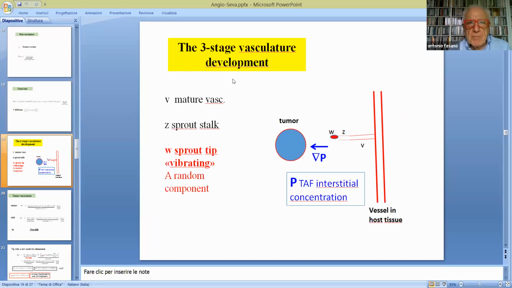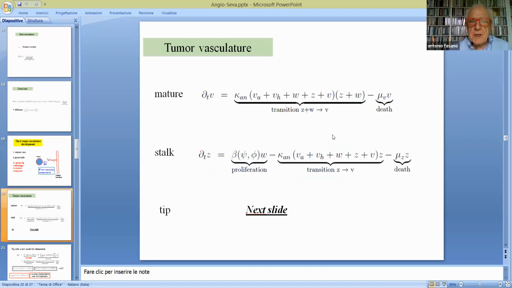Now we go back to the angiogenesis, because now we have to describe the model for these three quantities: the mature vessels, the sprout stalk cells, and the sprout tip cells. And this is the model.